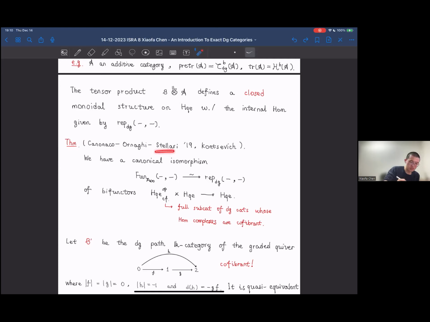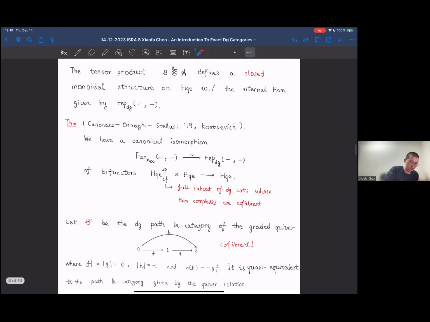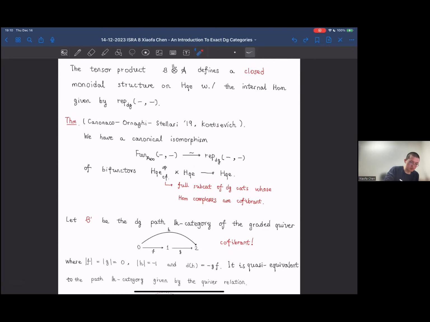Due to Ozeki and Stellari, and is claimed by Kontsevich, but the proof is due to these three authors. It's that we have a canonical isomorphism of bifunctors between the strictly unital A-infinity functors and the Rep DG from HQE and a full subcategory of HQE op.